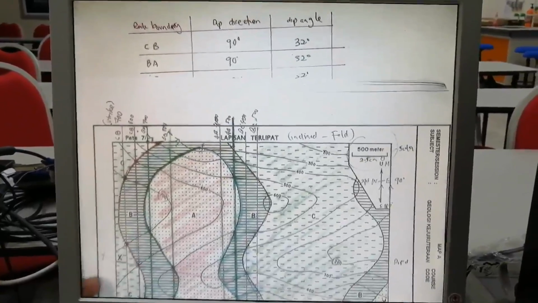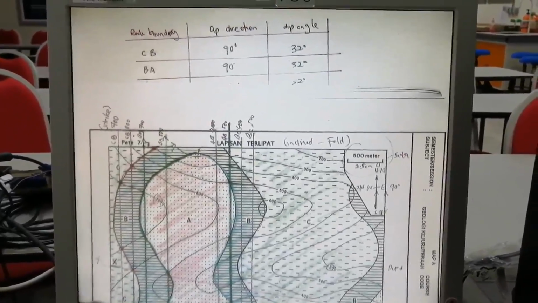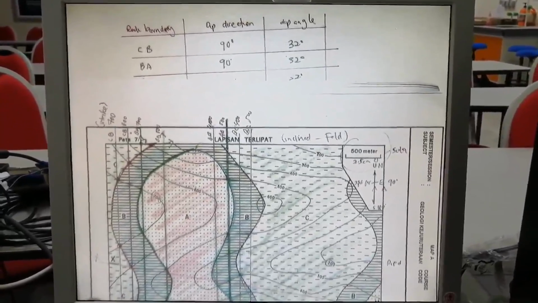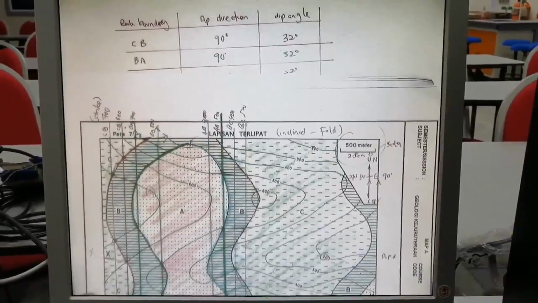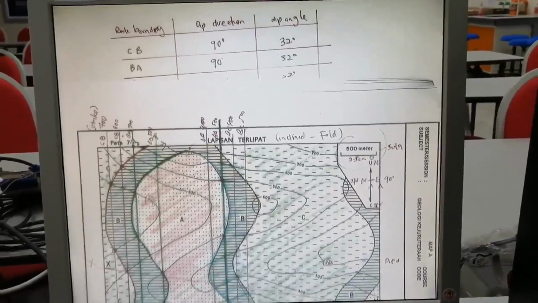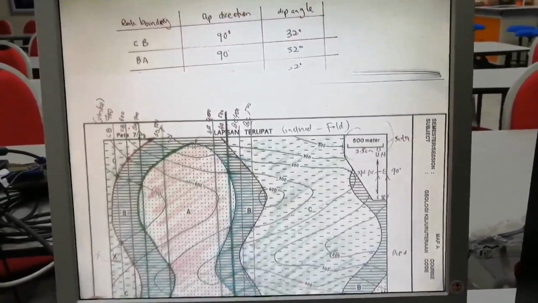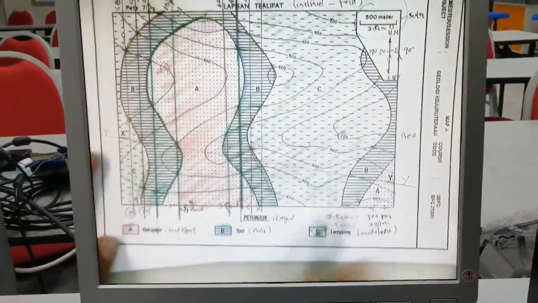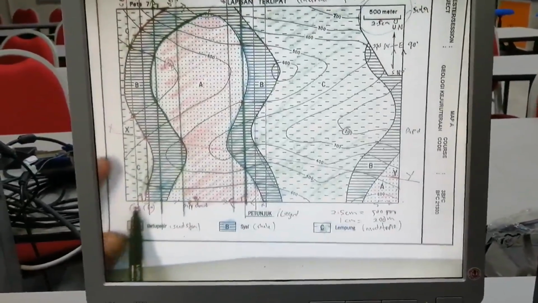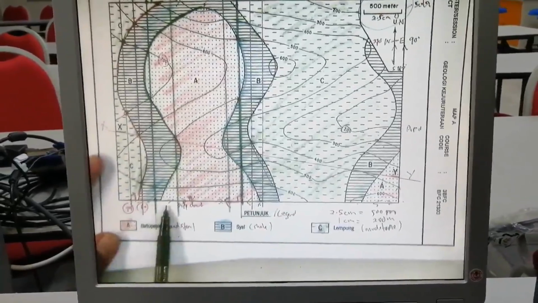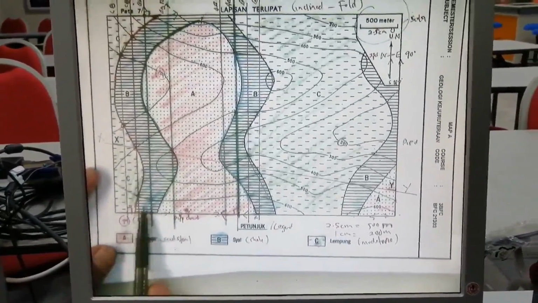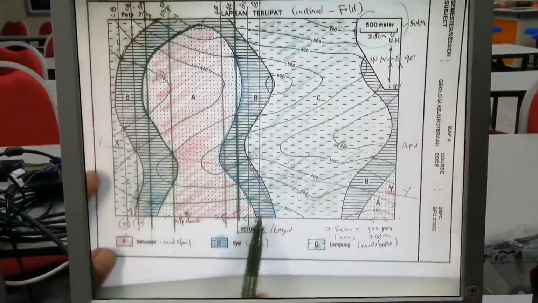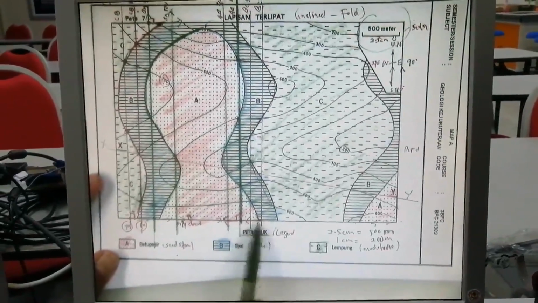So meaning that this layer CB dipping to the east, BA dipping to the east, but AB dipping to west, BC dipping to the west. Okay, you can measure similar. Our CB dipping to the west, BA dipping to the east, AB dipping to the west, BC dipping to west. So you measure similar.